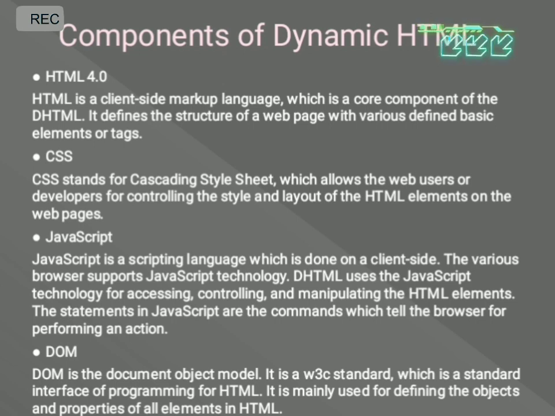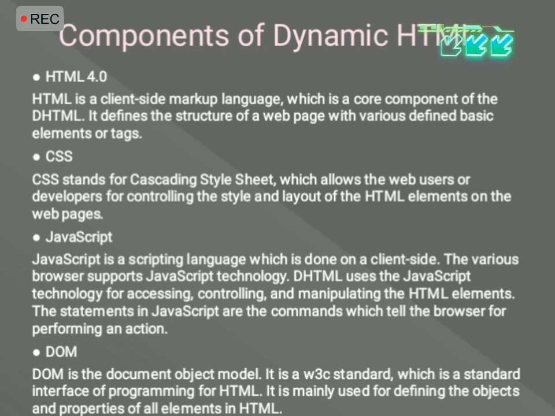By applying CSS rules to HTML elements, developers can customize the appearance of text, images, backgrounds, borders, and other elements of the pages. Overall, CSS plays a crucial role in web development by allowing developers to create visually appealing and responsive designs that enhance the user experience across different devices and screen sizes.